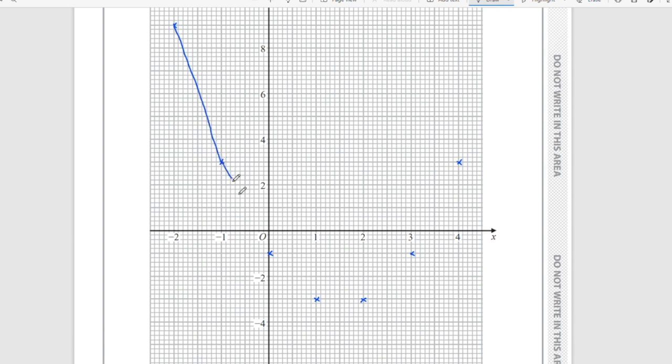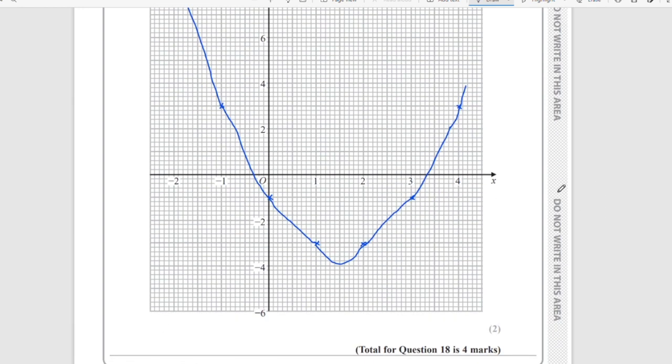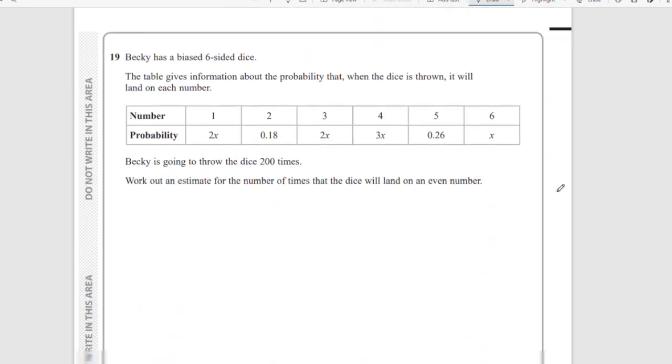Don't use a ruler, use a free hand to join these dots. Your graph will look something like this. The question is over. Let's move to the next question.